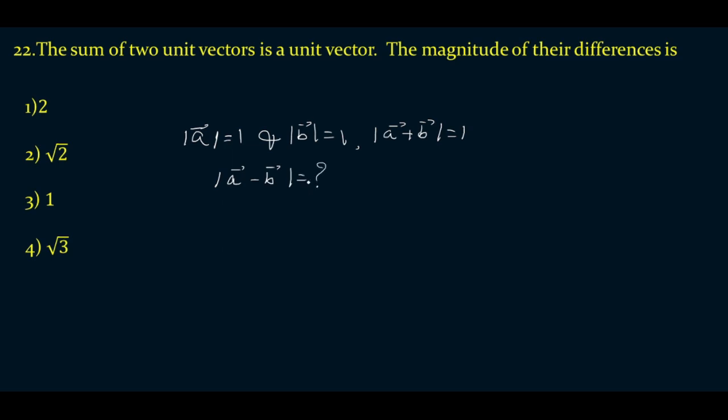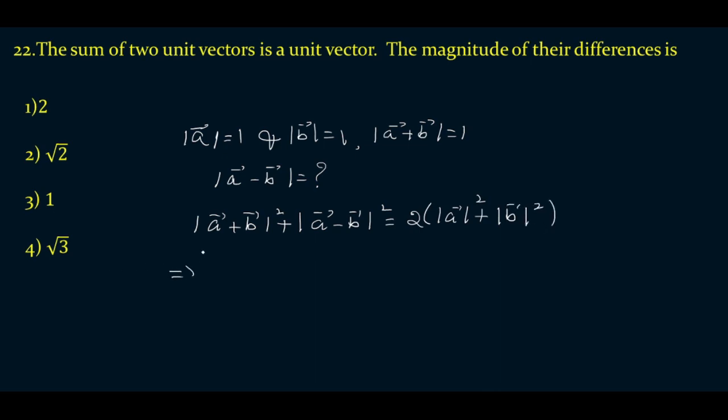We know a result: magnitude of vector A plus B whole square plus magnitude of vector A minus B whole square is equal to 2 times magnitude of vector A whole square plus magnitude of vector B whole square.